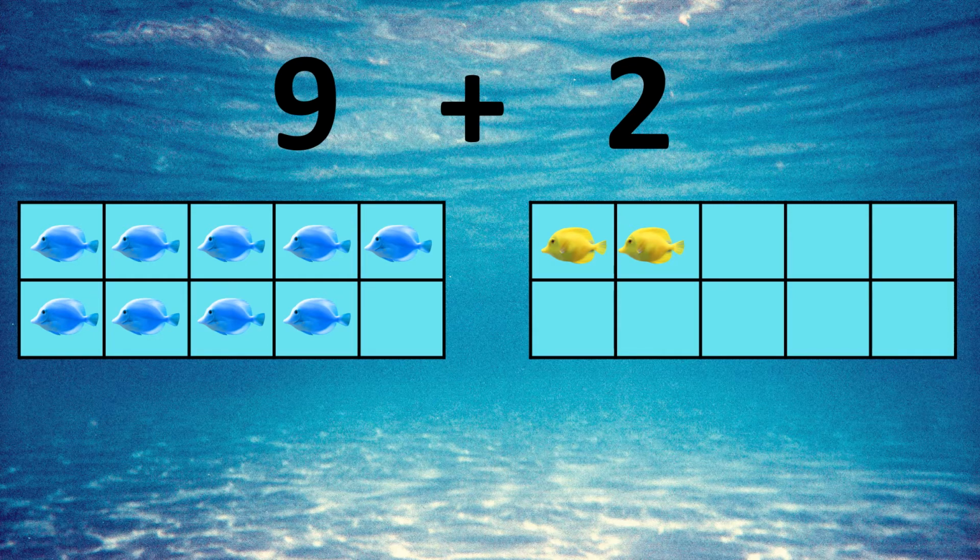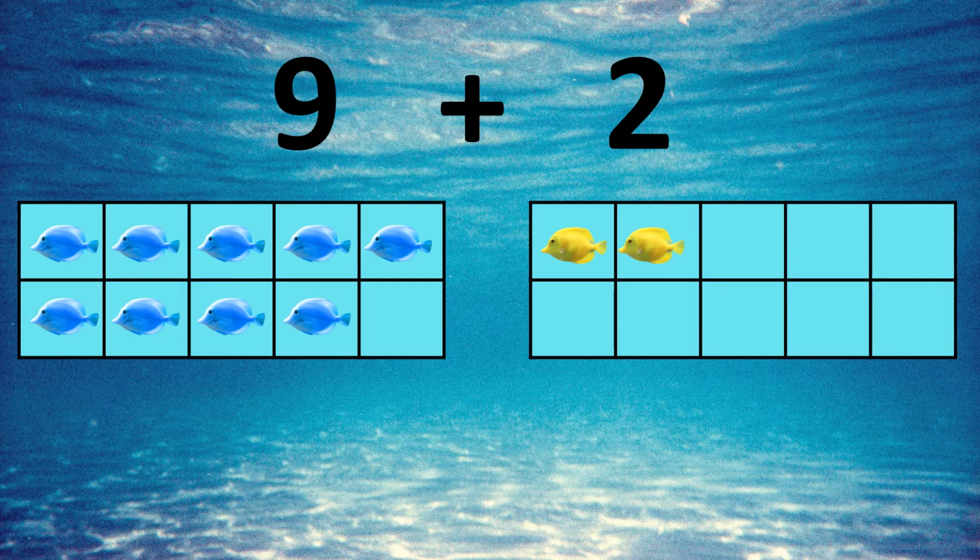In this model, I see 9 blue fish and 2 yellow fish. Well, there are lots of strategies that we can use to figure out what the total number of fish might be. In this model, we're going to think about filling up one of our 10 frames.